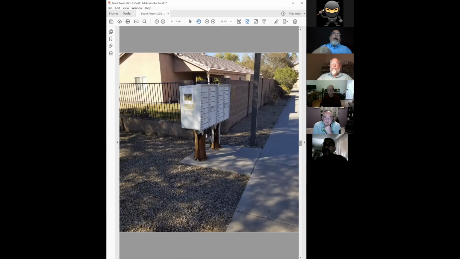So when we get a few bids on the painting of the metal of the mailboxes, we'll get those fences bid on for painting also. That's why I wanted to point out the walls.